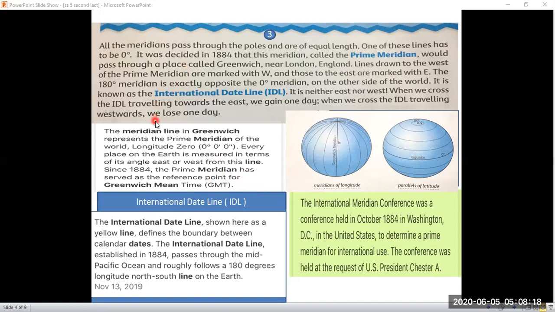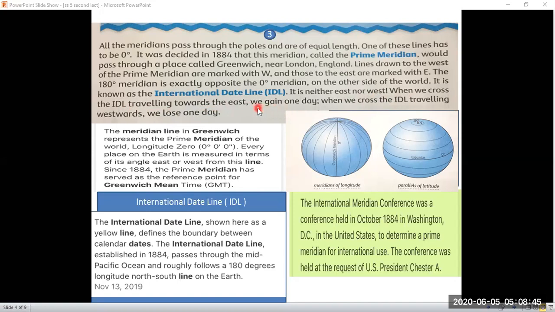So now here we are talking about the international dateline, which is denoted as IDL. Here it is neither east nor west. When we cross the IDL, the international dateline, traveling towards the east, we gain 1 day.